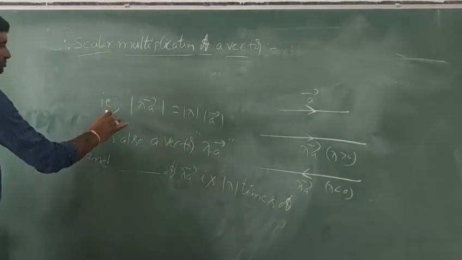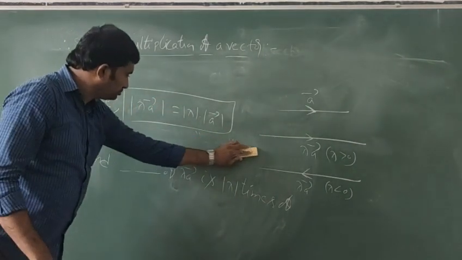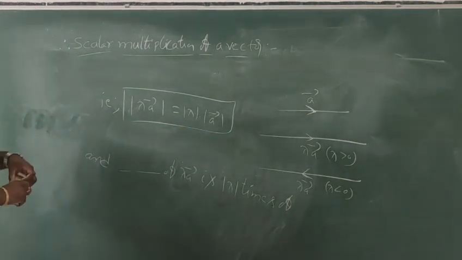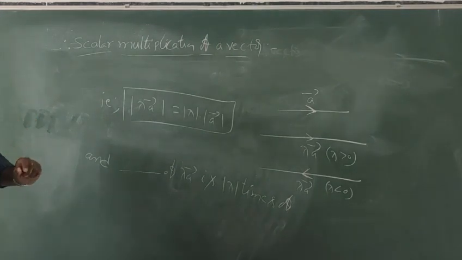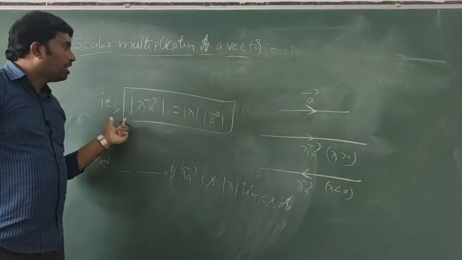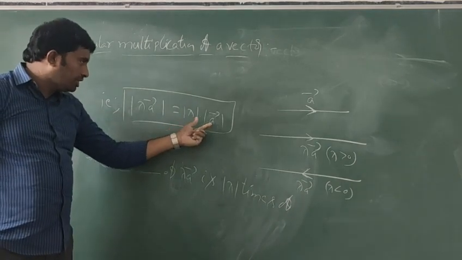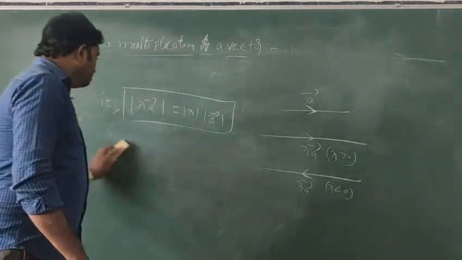So finally remember, scalar multiplication of a vector is nothing but a vector, not a scalar. That is mod of lambda a bar is equal to mod lambda into mod a bar.